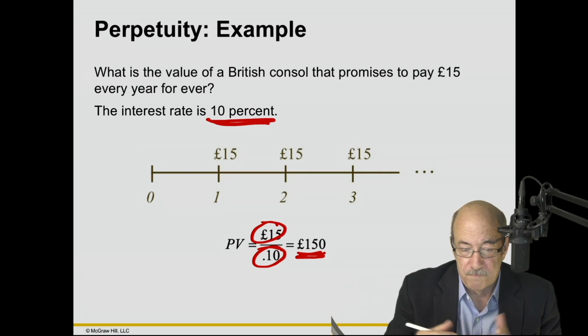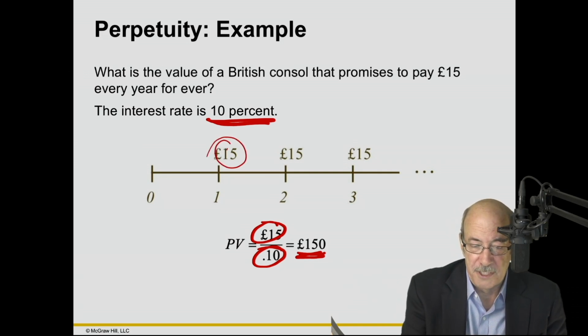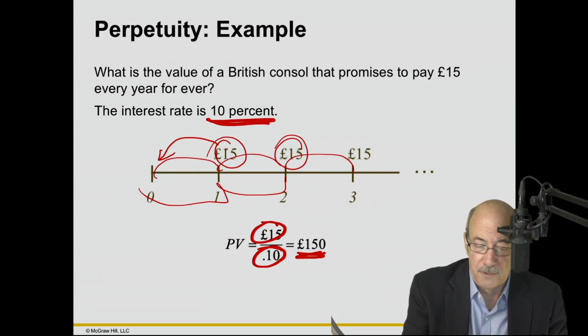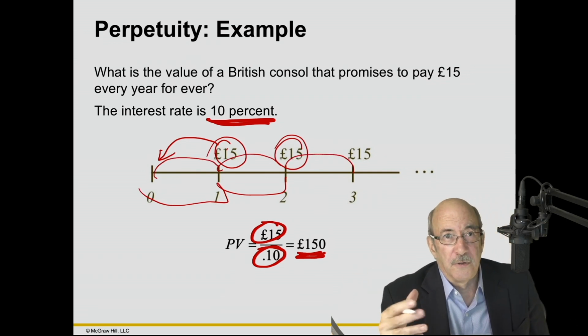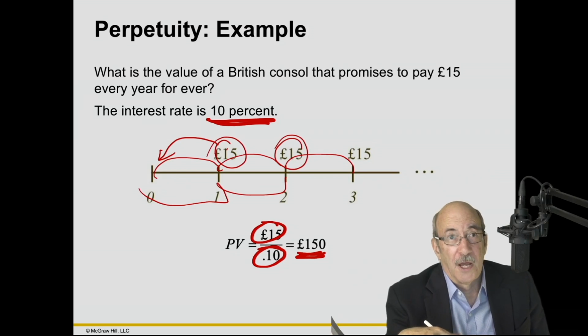Now, you could prove this. You could say, well, let me take 15 pounds sterling and discount it one period at 10%. Let me do another 15 for 2 periods, another 15 for 3 periods, and do that until you get out to about 20. I wouldn't want to do that on the calculator, but you can very easily do that in a spreadsheet.